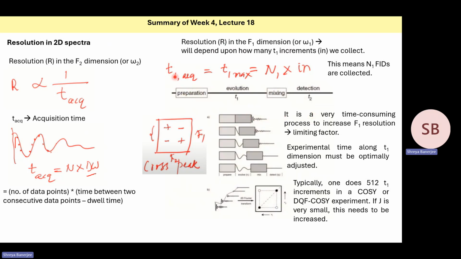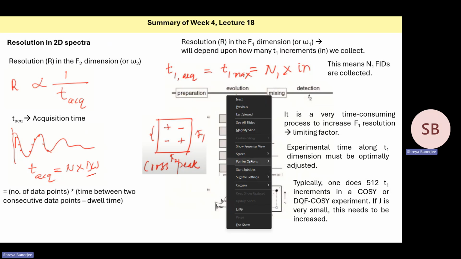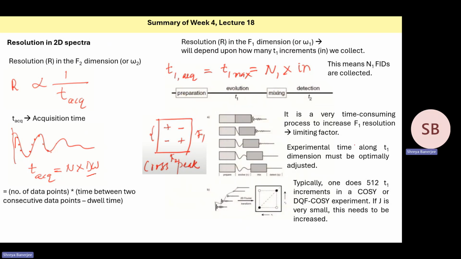But if you want to increase the acquisition time of T1, here T1 is 0, here it is delta T1, here it is 2 delta T1, here it is 3 delta T1, and so on.